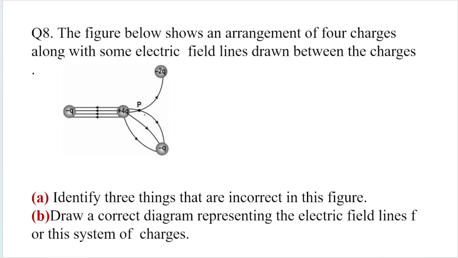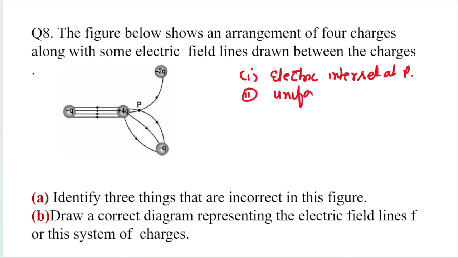First of all, these electric field lines intersect at point P. So the first option is electric field lines intersect at P. The second wrong thing is that the electric field between minus q and 4q is uniform, whereas the electric field is non-uniform. The third part is electric field lines are not proportional to the amount of charge.